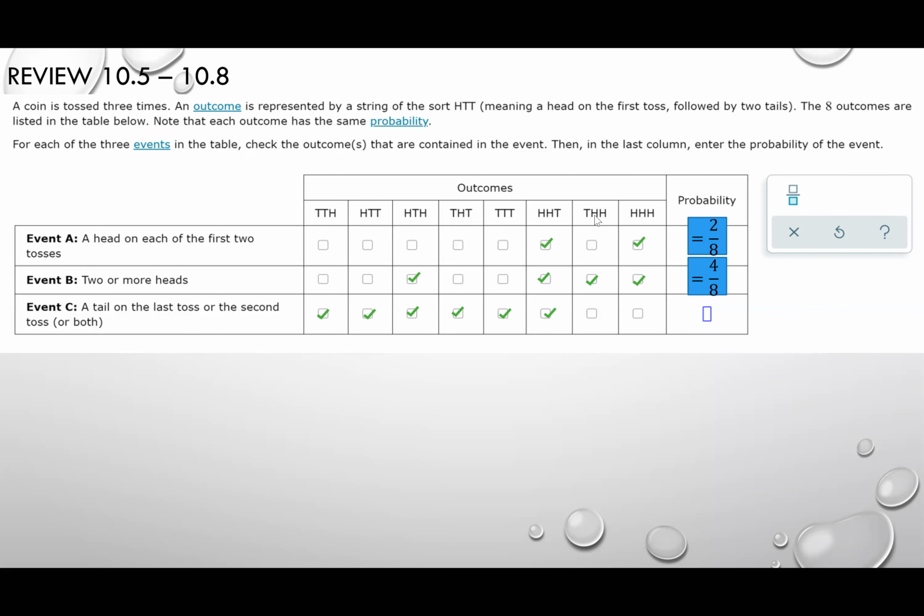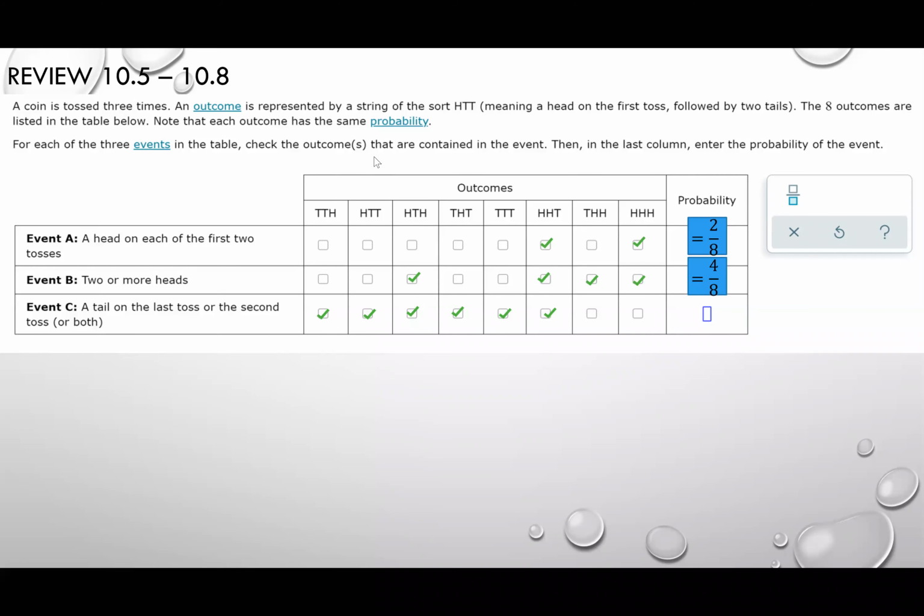Again, this one is a head on the second and a head on the last, and this is a head on the second, head on the last. So we only need the back end of this to be a tail. We need a tail on the last one or on the second one, or if it's both, it's fine. So it's either one or the other or both.